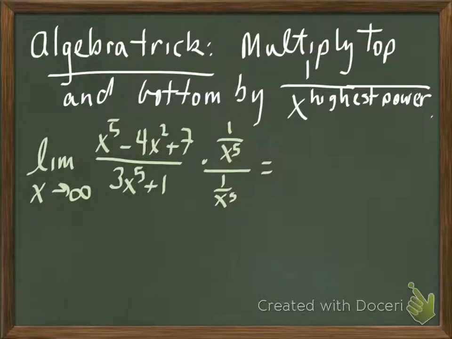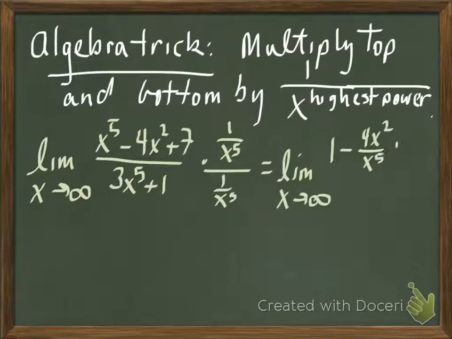X to the fifth is the highest power that we see, so we multiply the top and bottom by 1 over x to the fifth. Then I factor that 1 over x to the fifth through, and I get 1 minus 4x squared over x to the fifth plus 7 over x to the fifth. And in the bottom, I get 3 plus 1 over x to the fifth.